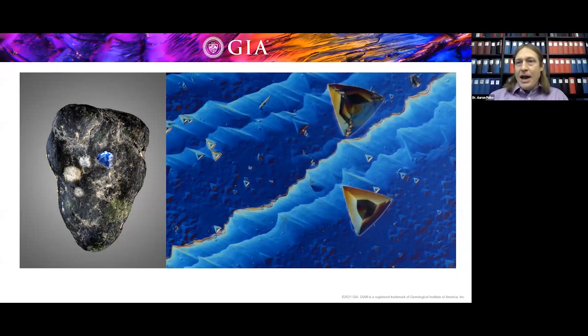Yeah, so turning back to Yogos as usual, this is the surface of a rough Yogo sapphire. We use this special technique called differential interference contrast imaging.